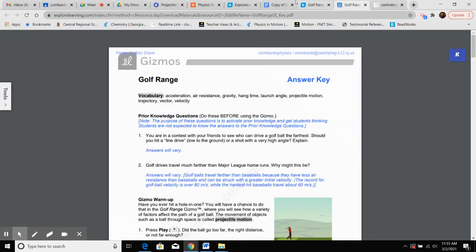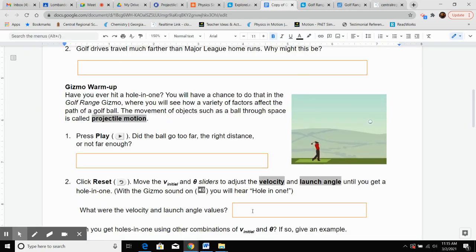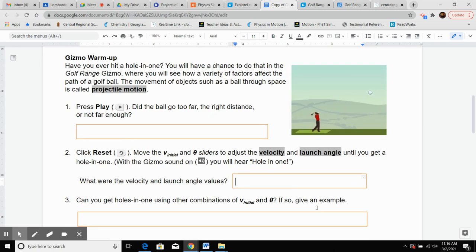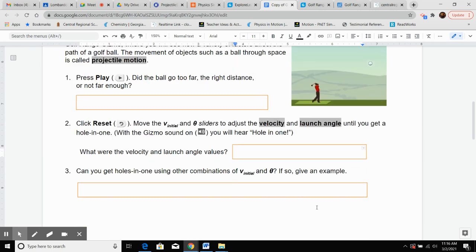You're going to type in what you had for initial velocity and then what you had for launch angle. And then for the third one, it asks, can you get holes-in-one using other combinations of initial velocity and launch angles? Yes, you can. If so, give an example.